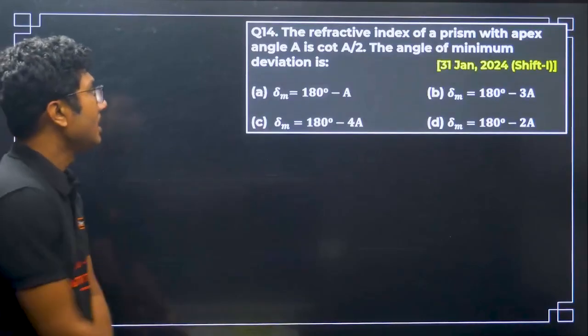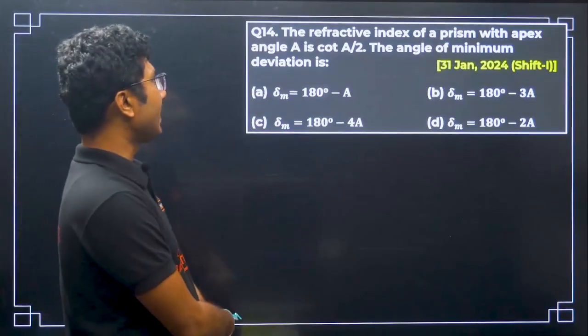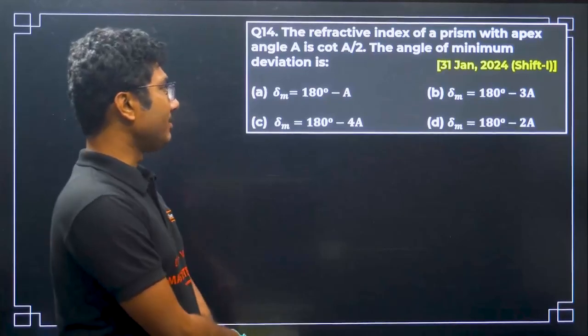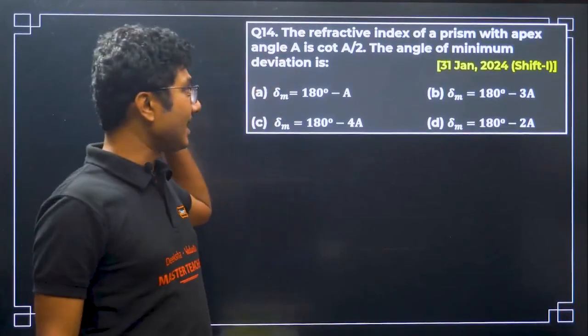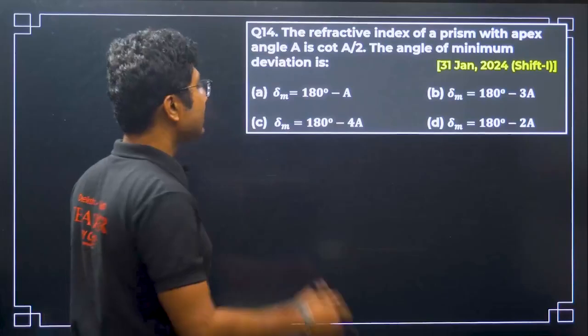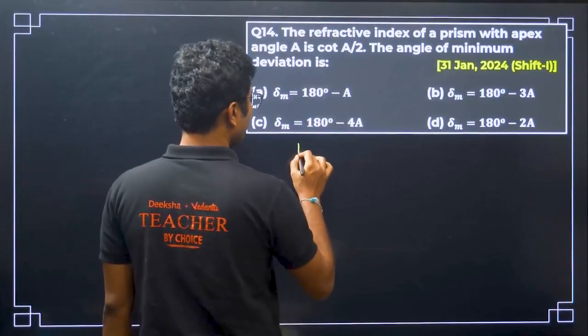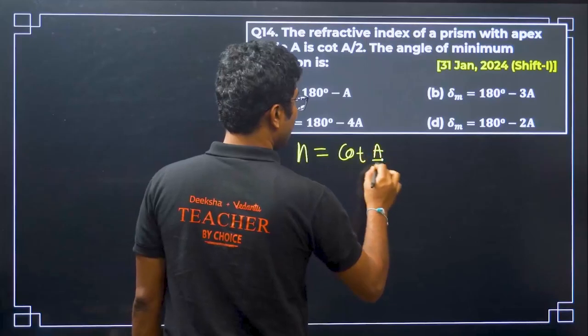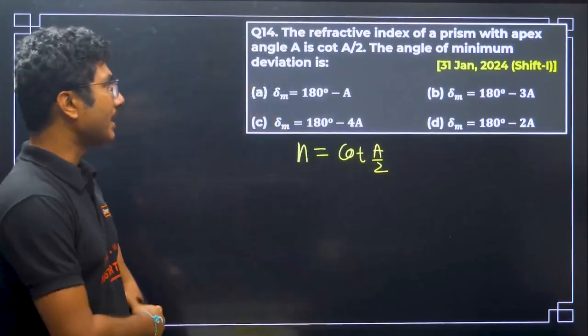Next question. The refractive index of a prism with apex angle A is cot A by 2, the angle of minimum deviation. So this question has come in KCET as well. So let's see, the question: n is given by cot A by 2.